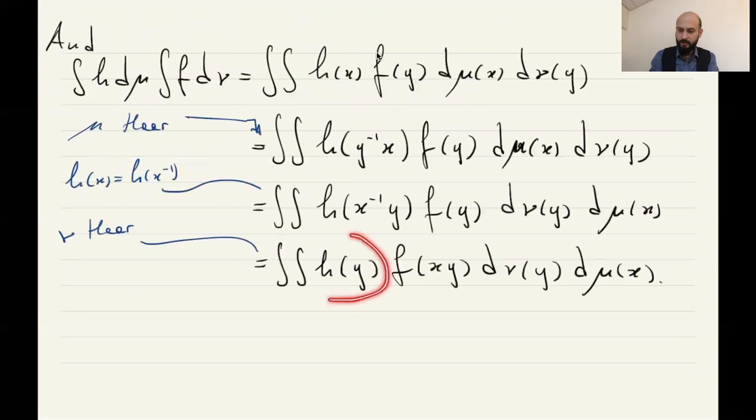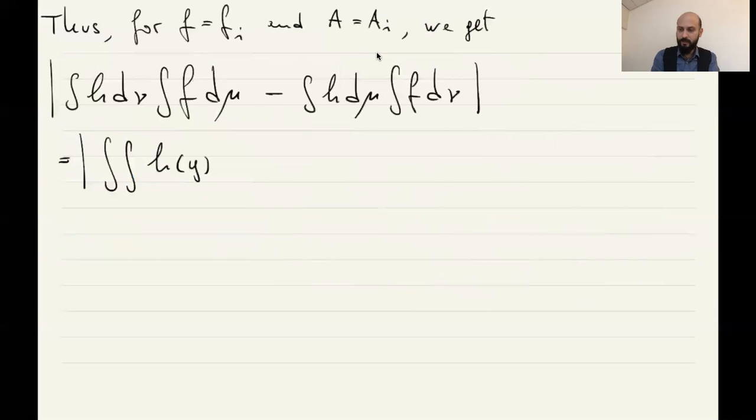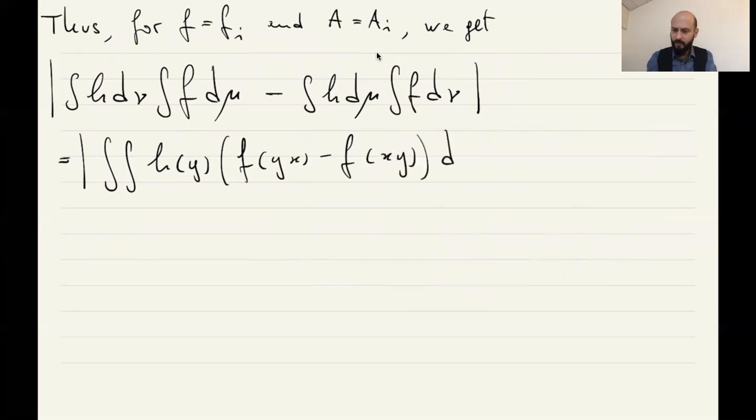In the second case we had f of xy, and in the first case f of yx. So now the difference is going to be f of yx minus f of xy, d mu, d mu, d mu.